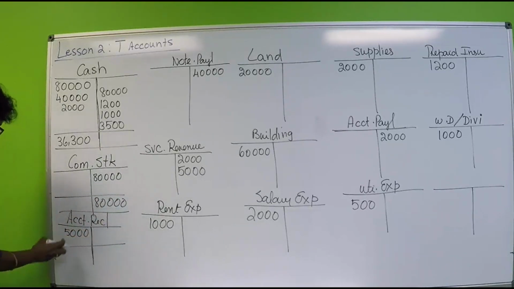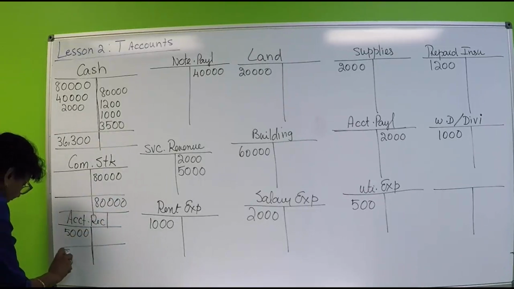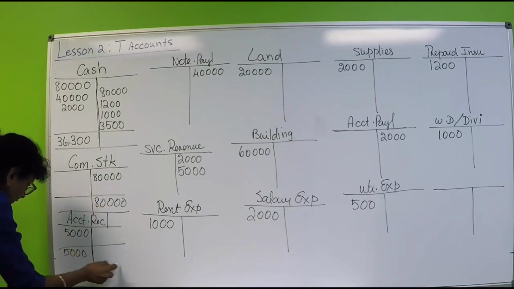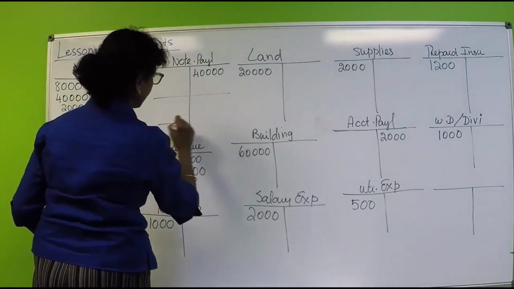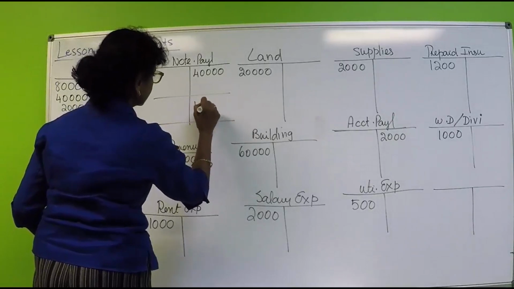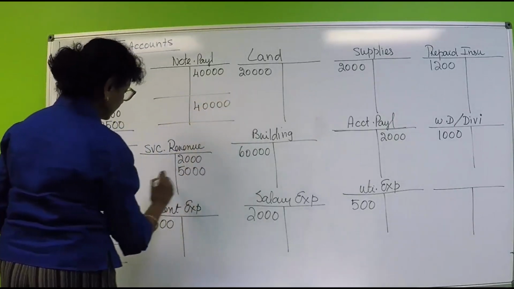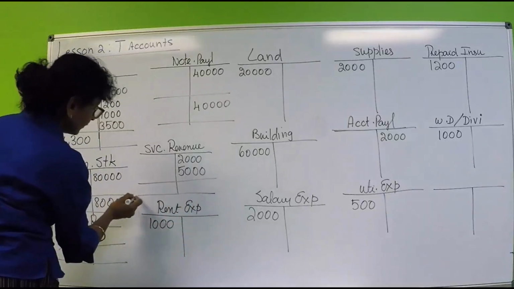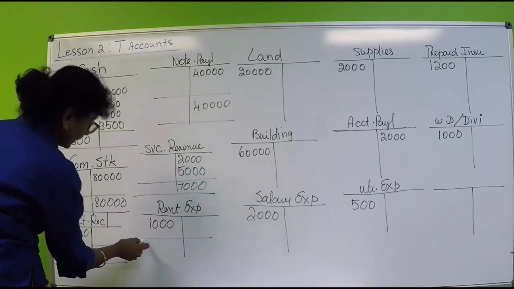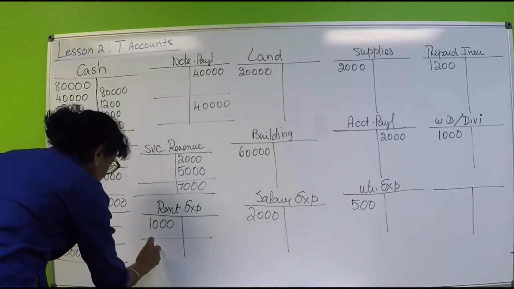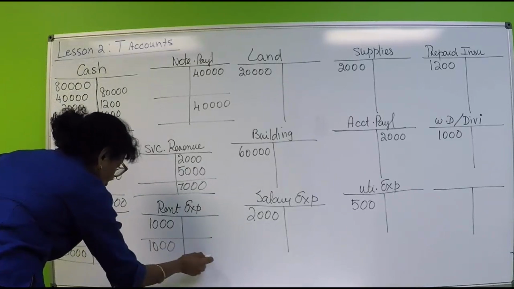And for accounts receivable, the balance is 5,000. And for note payable, the balance is 40,000. For service revenue, the balance is 7,000. And for rent expense, the balance is 1,000.